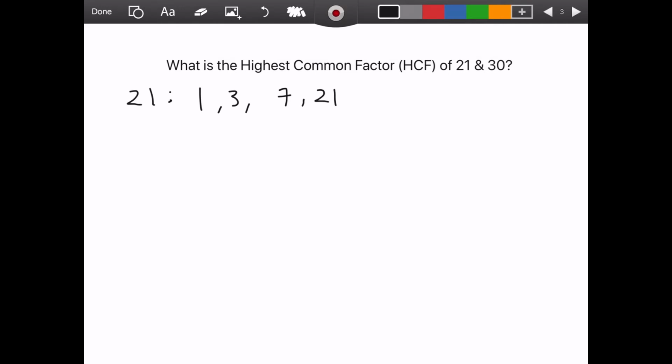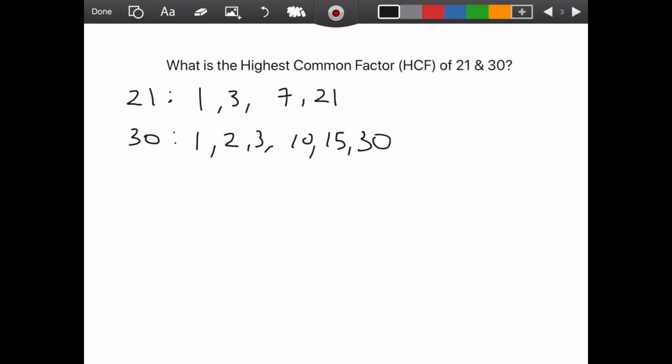Let's look at 30, okay? 30, we know 1 and 30. 1 times 30 is 30, right? So both 1 and 30 are factors. And then we have 2 as well. 2 times 15 is 30. So 2 and 15 are the factors. We also have 3 and 10, right? 3 times 10 equal to 30.